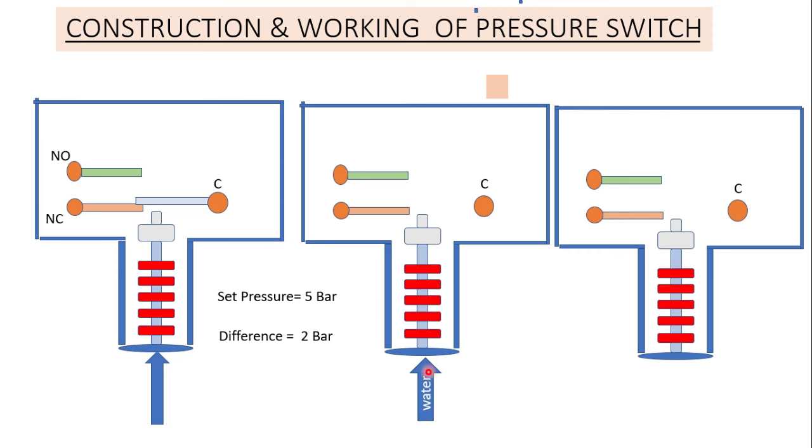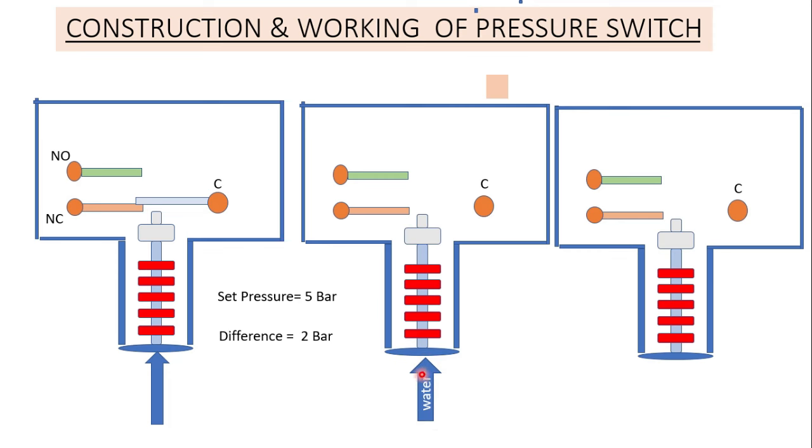The pump is discharging water and it is going inside this pressure switch. When the water enters, pressure is getting built up. Now the spring is pushed towards the upper side because of this water pressure, the water force.